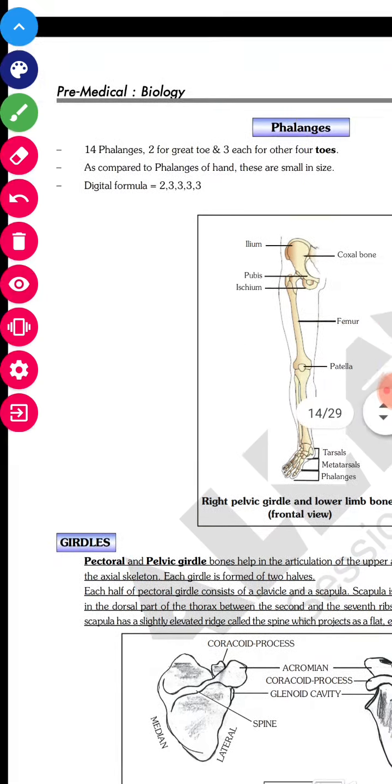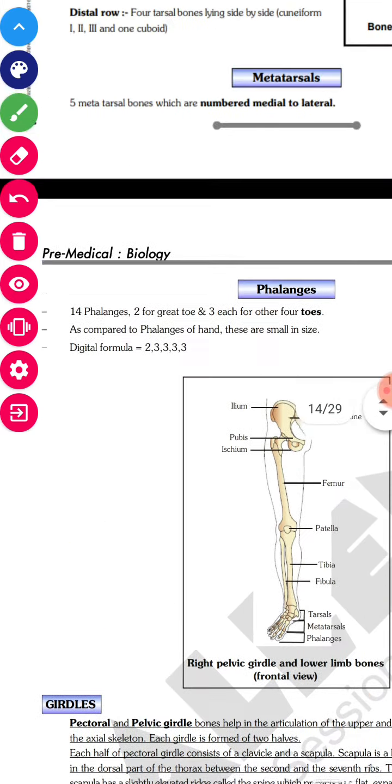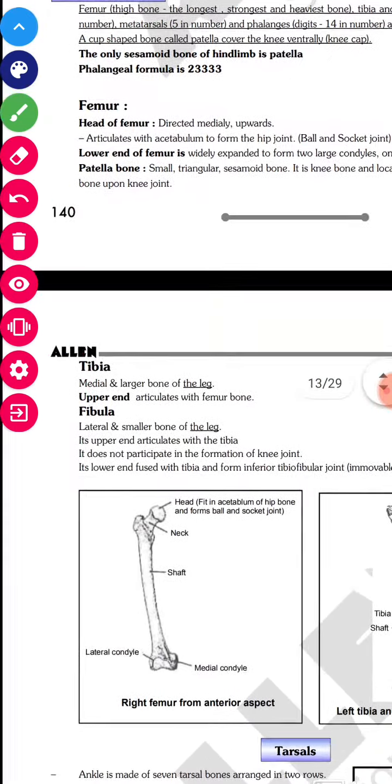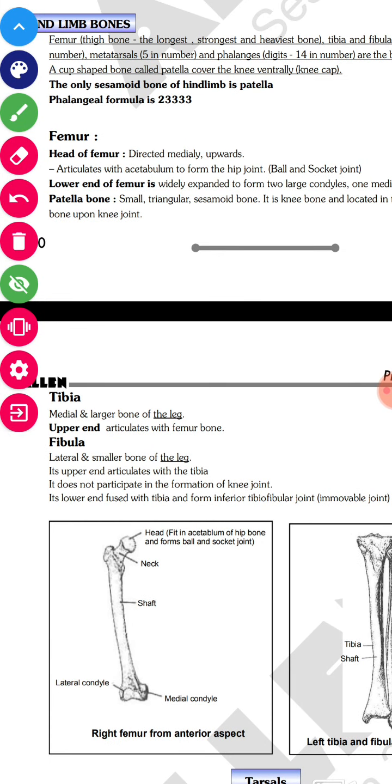Let's discuss in detail, line by line. Phalangeal formula we saw. The only sesamoid bone of the hind limb is the patella; in the forelimb it was the pisiform. Now the femur, which is the longest bone: the head of the femur is directed upward and articulates with the acetabulum to form the hip joint.